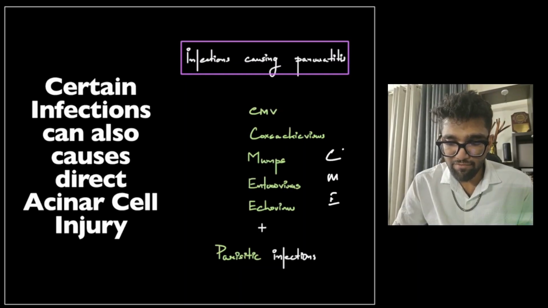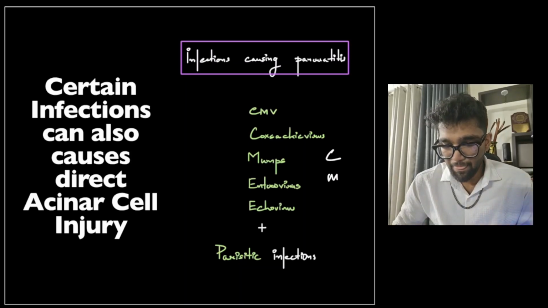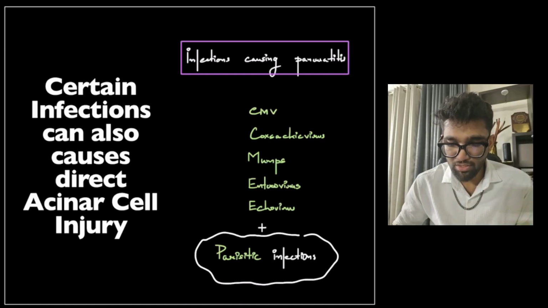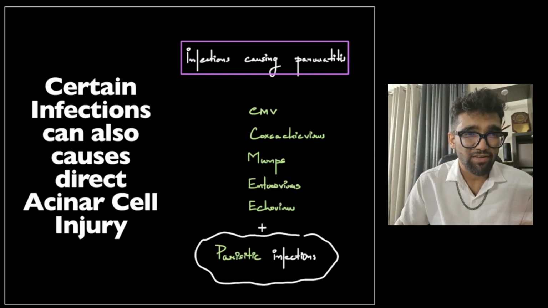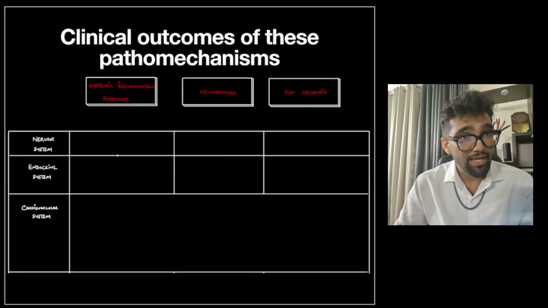So that is CMV, Coxsackie virus, mumps, and E is enterovirus and echovirus. Additionally, some parasitic infections that block the ampulla can also cause it, although it's a very uncommon presentation of these infections.